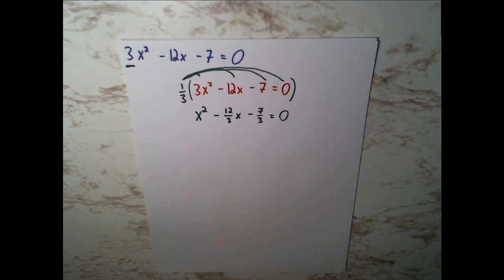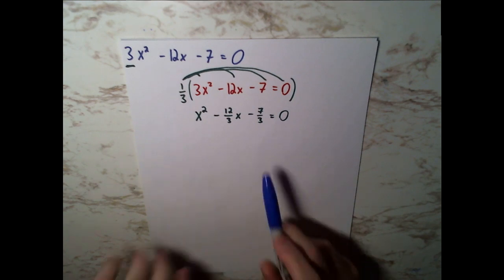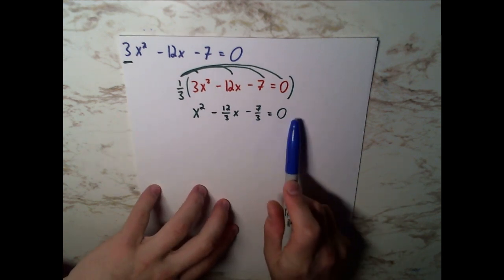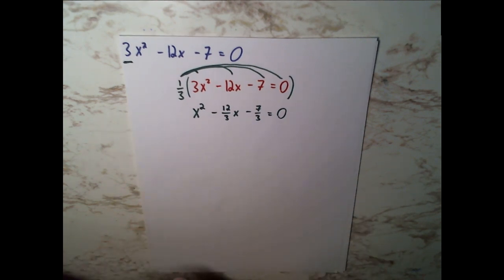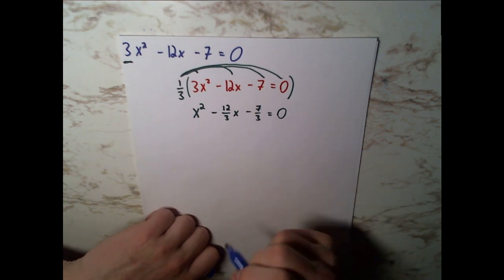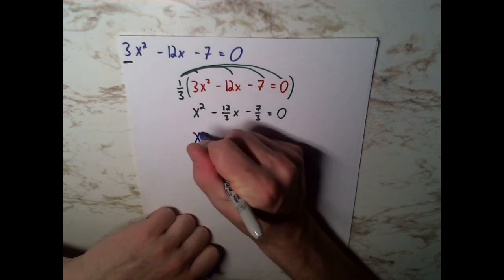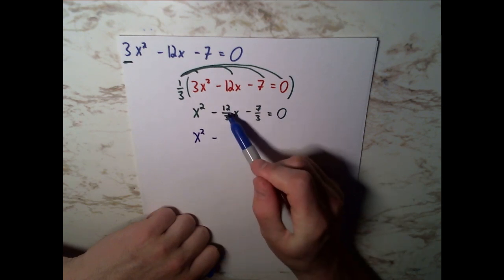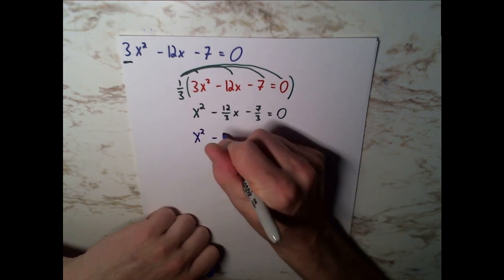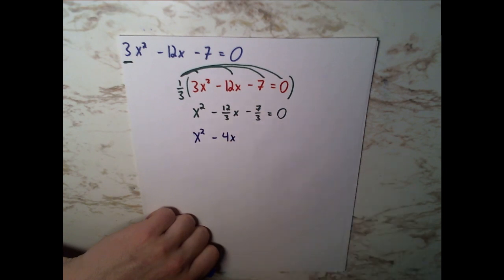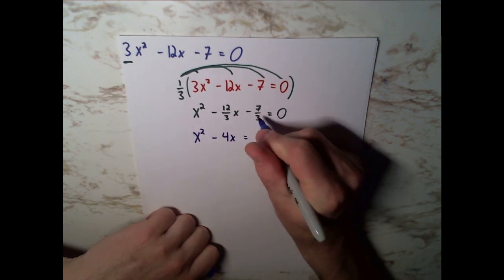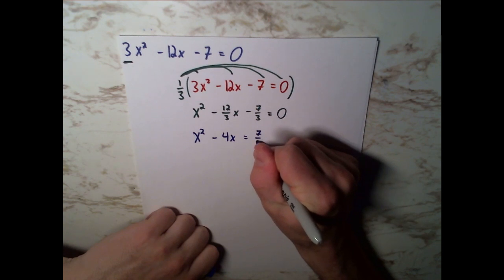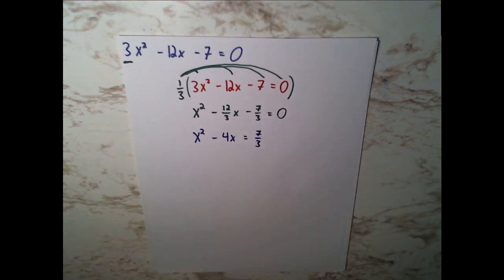So now the steps are going to be pretty normal for completing the square. We're going to want to move this 7/3 over to the other side, so we're going to add 7/3 to both sides. So we'll have x squared minus 12 over 3, which is 4, so I'm just going to say minus 4x, and that's going to be equal to a positive 7/3.